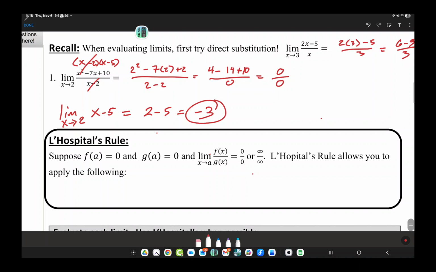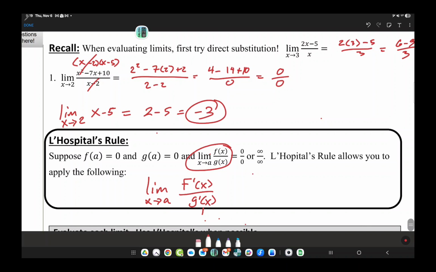Anytime that we get 0 over 0, or infinity over infinity, L'Hopital's rule allows us to do this. Given that this is the limit, we take the limit as x approaches a of f prime of x over g prime of x.